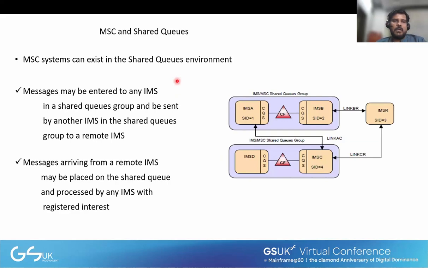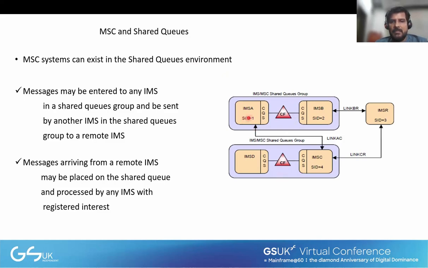Now let's talk about how MSC, multiple systems coupling, fits into a shared queue environment and how we can take advantage of both for workload balancing. If you look at this diagram, you can see there are two shared queue groups.